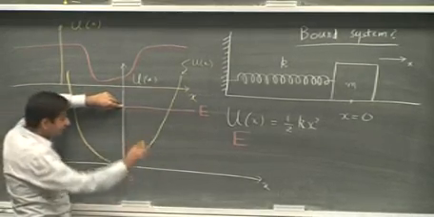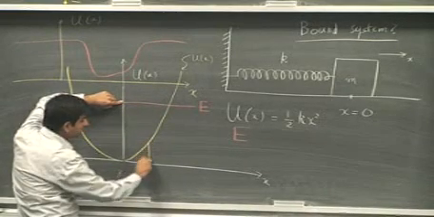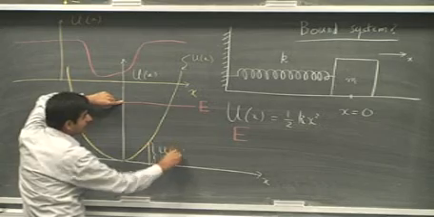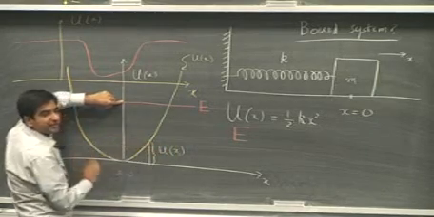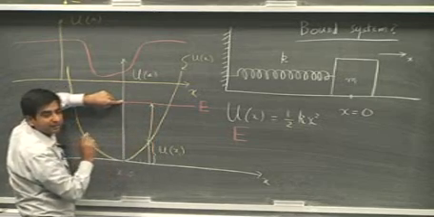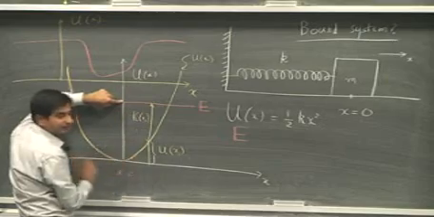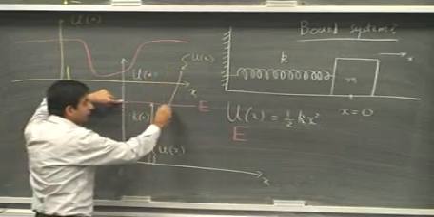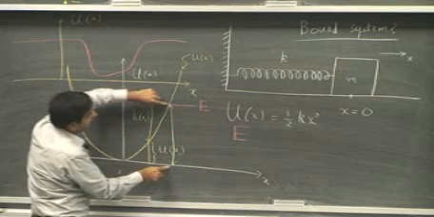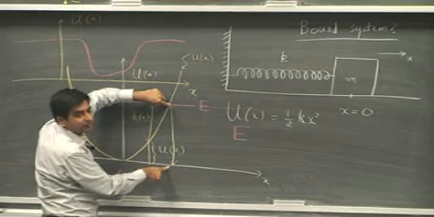As x goes up, for example, x reaches this point, a part of its energy is potential. This is the potential energy, and the remainder is its kinetic energy. So this is kinetic energy at x1. As you go up, you reach this point, all of its energy is potential energy, and the kinetic energy goes to 0.